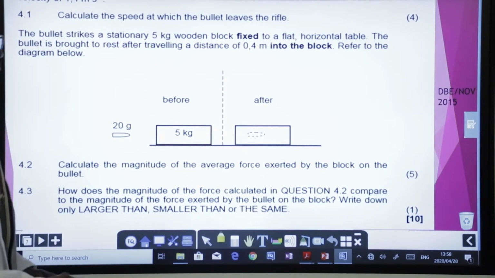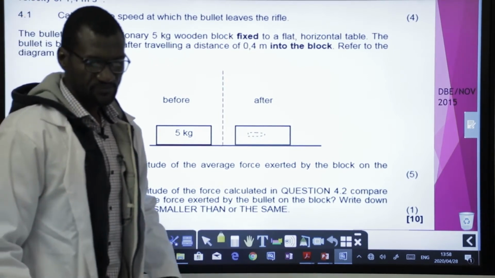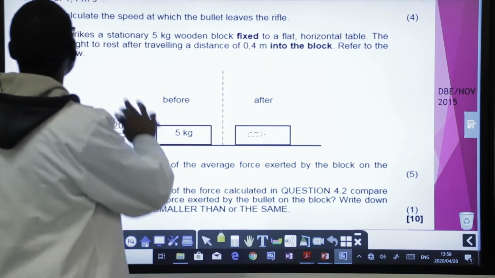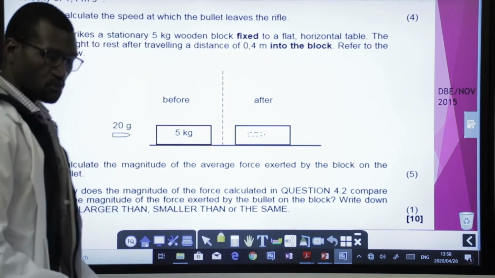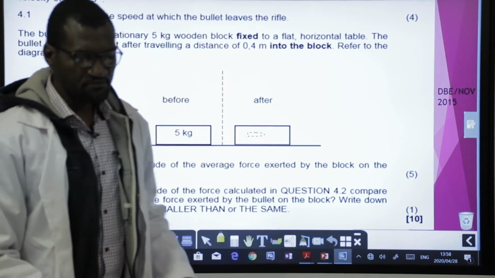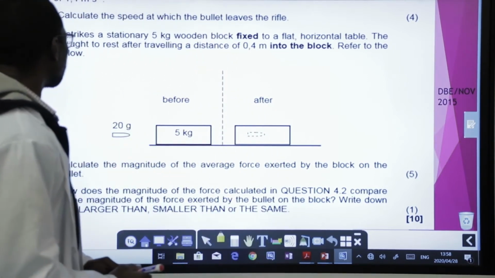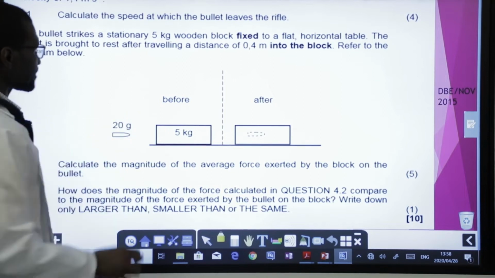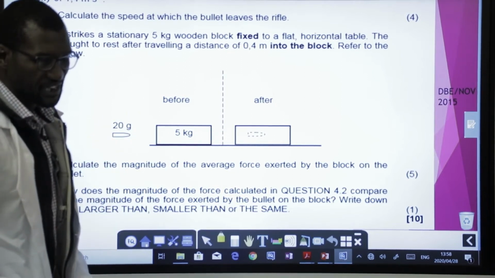Here is a question from 2015, and I'm just going to put in the details because I see the top part is not clear on the board. It says that a bullet of mass 20 grams is fired. So here is a bullet of mass 20 grams, right?